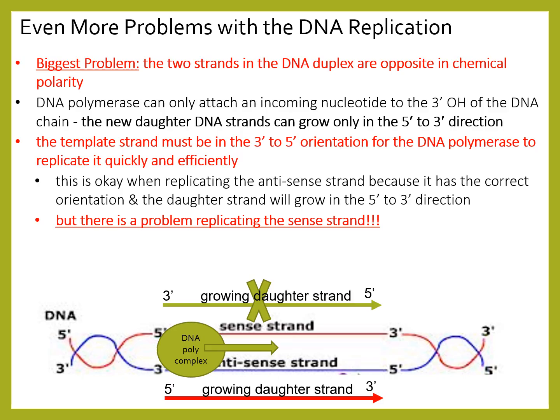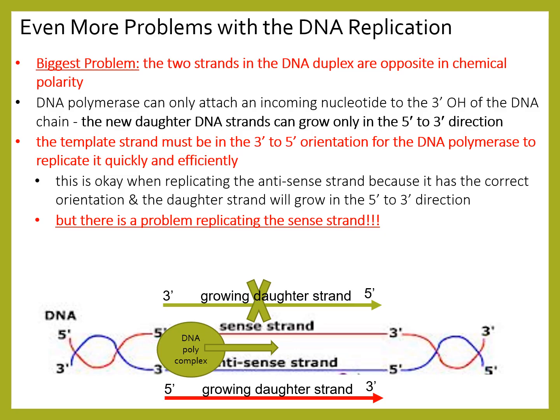The biggest problem in DNA replication is that the two parental strands in the DNA helix are opposite in their chemical polarity. And as I've said before, we're replicating both of these DNA parental template strands at the same time. We have two DNA polymerase III complexes that are physically tethered to each other, and they are replicating both of them.